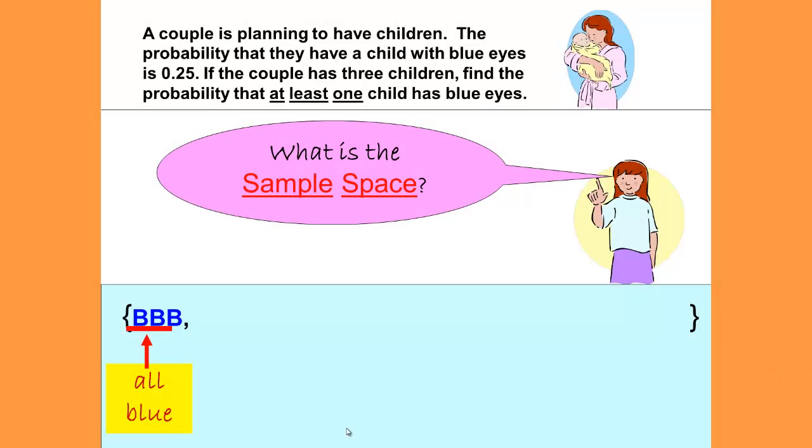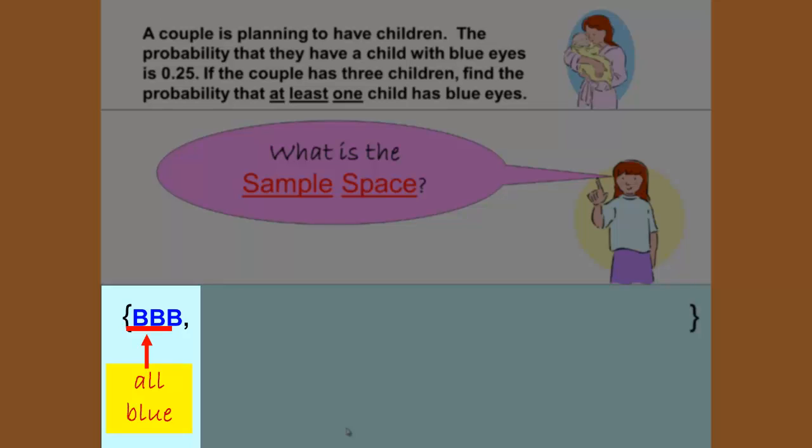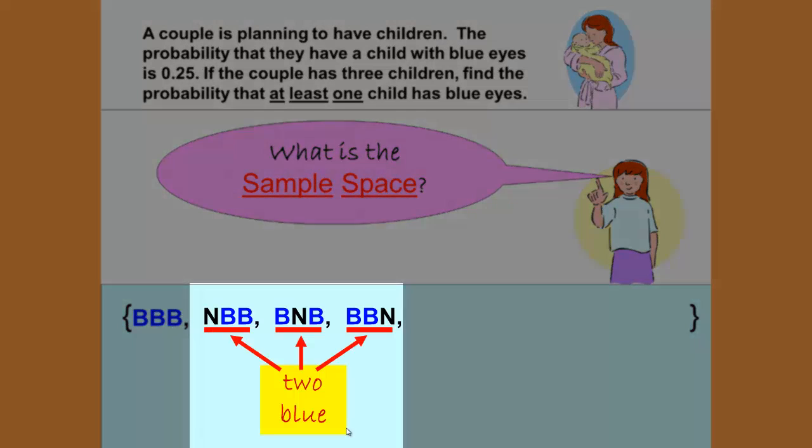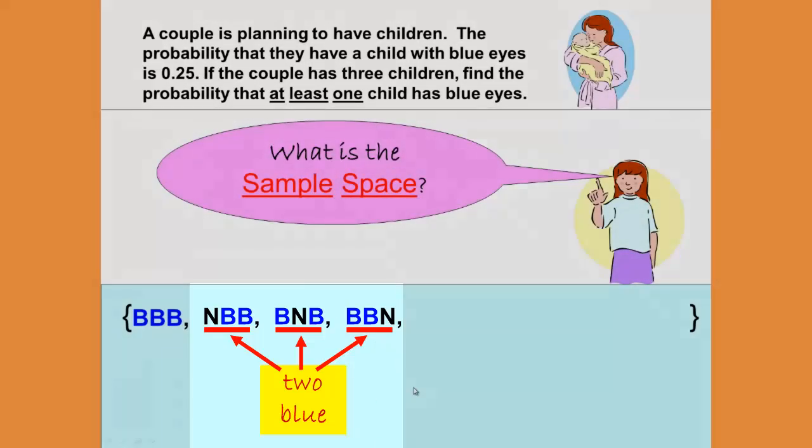So we have the sample space. One possibility would be that all 3 children have blue eyes. Next would be that 2 of the children have blue eyes and one of the children do not. And that child without blue eyes could be the first child, the middle child, or the last child.